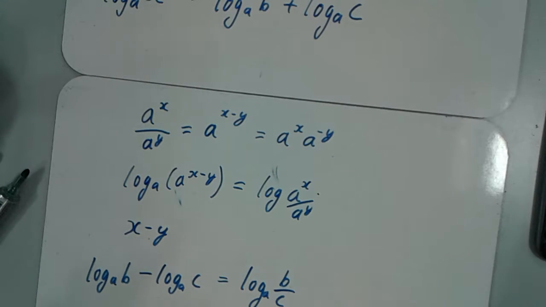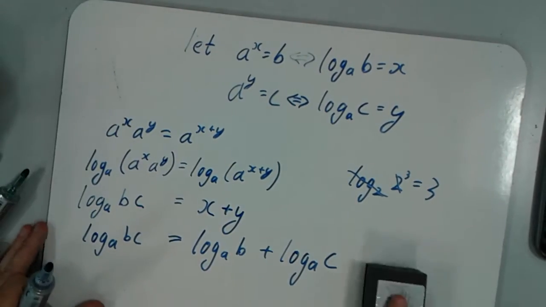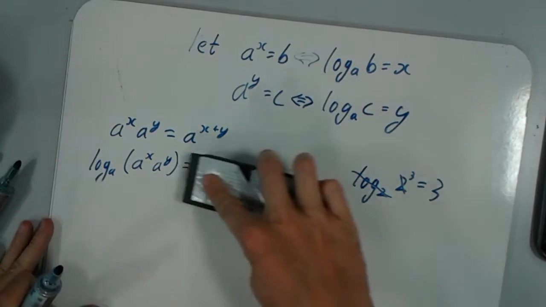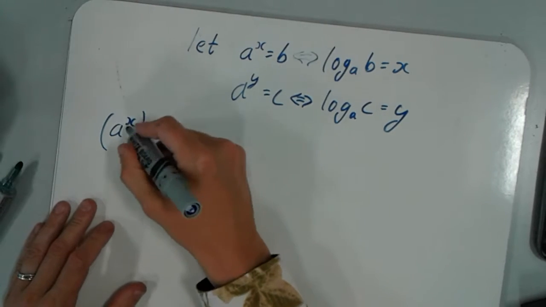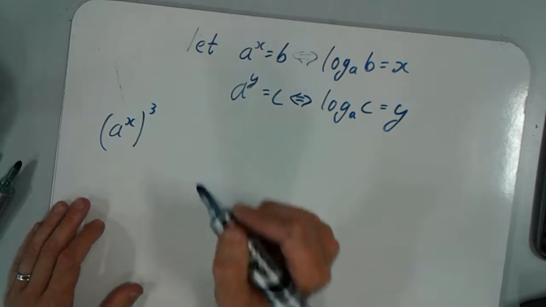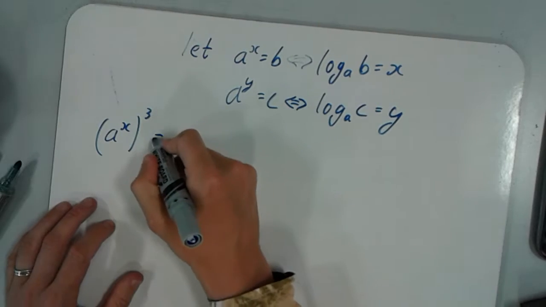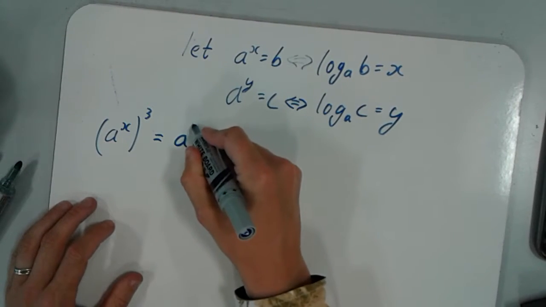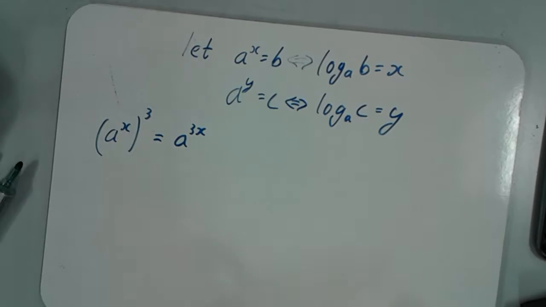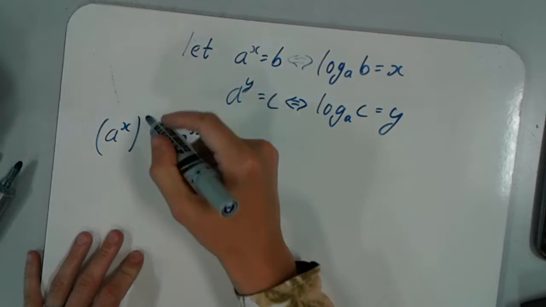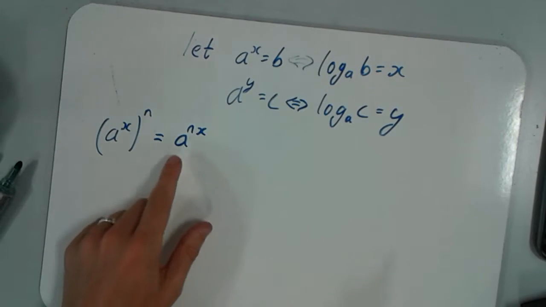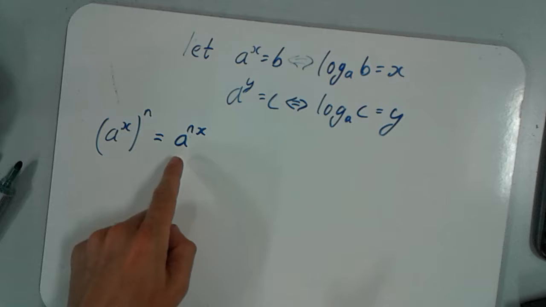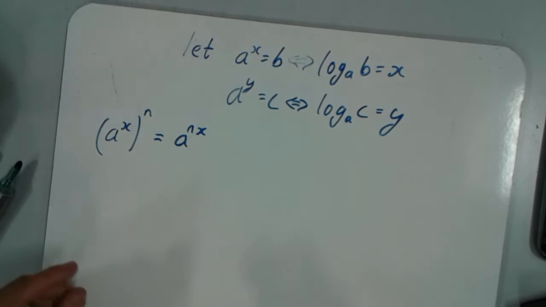One final rule that we'll look at, if we come back to this one: I know that a power to a power, say cubed, I would do a times a, to the power of 3 times x, or more generally, (a^x)^n would equal a to the nx. So (a^x)^n is the same as a to the power of n times x.